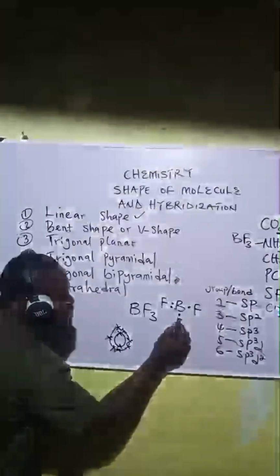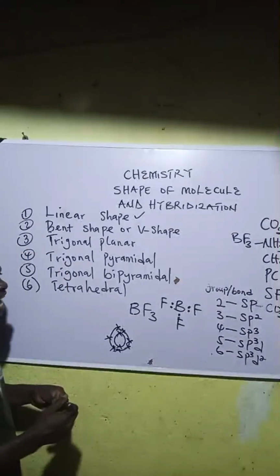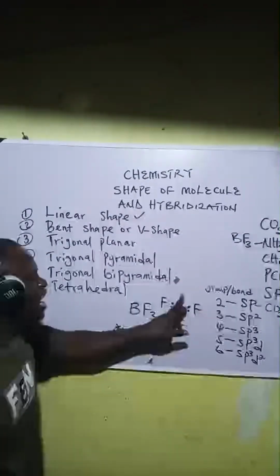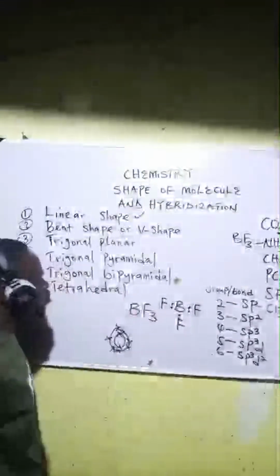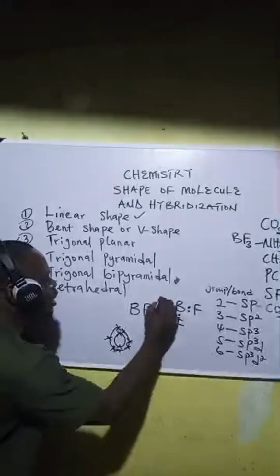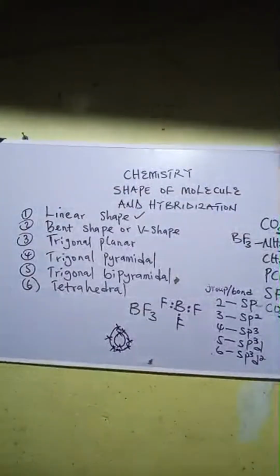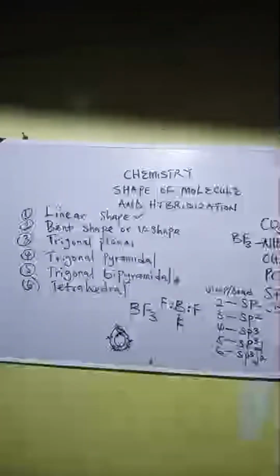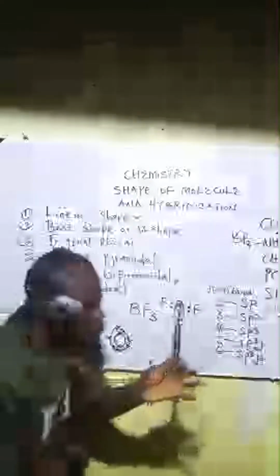So now we carry this one and join it here, carry this one over and join it here. You can see that there is no lone pair electron left on the central atom. So this one is complete, and the shape of this one is what we call trigonal planar. Trigonal planar in the sense that this is like a triangle.